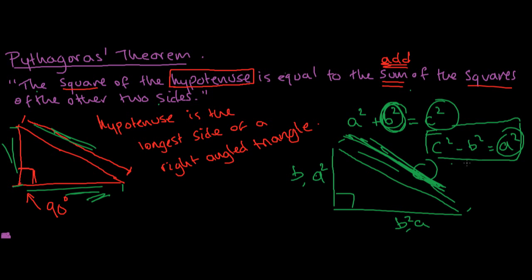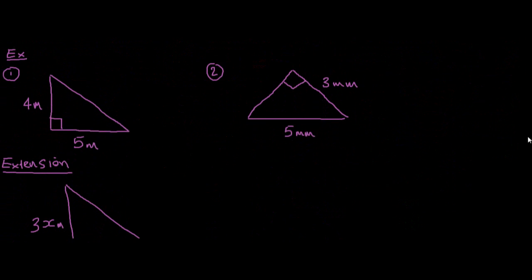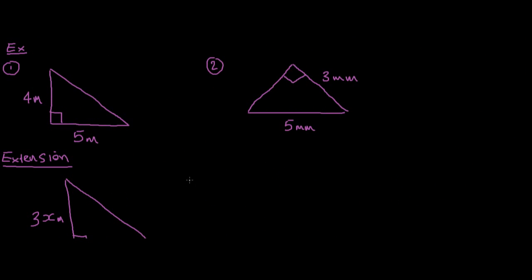And then say if you've got your hypotenuse, square both sides still, but take your other one away from your squared hypotenuse value. So let's do some examples. This is a good example.